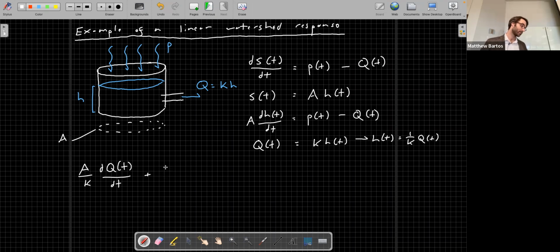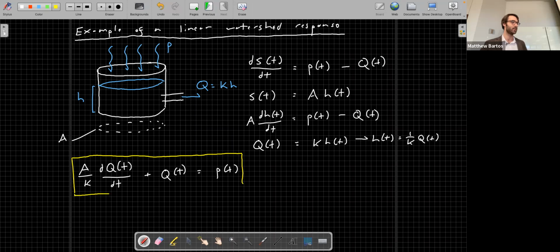plus Q(t) is equal to P(t). So this is a differential equation with respect to Q, and our input is P(t).